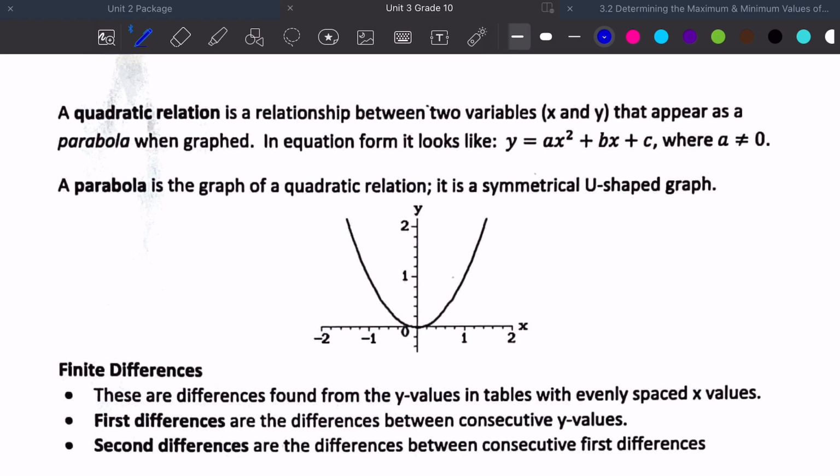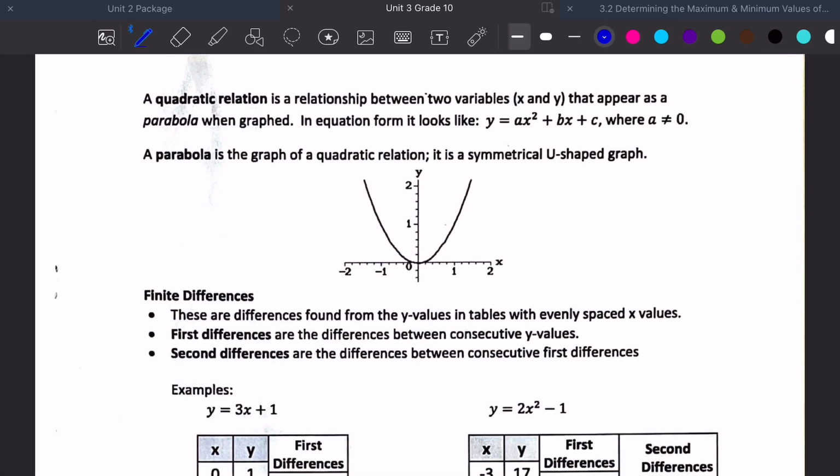It just means it's a relationship between x and y that makes this beautiful U-shaped graph called the parabola. Say that, parabola. Don't say Ebola, like the virus. It's parabola, right? It's the U-shaped graph, and it looks like a perfect mirror in the y-axis.